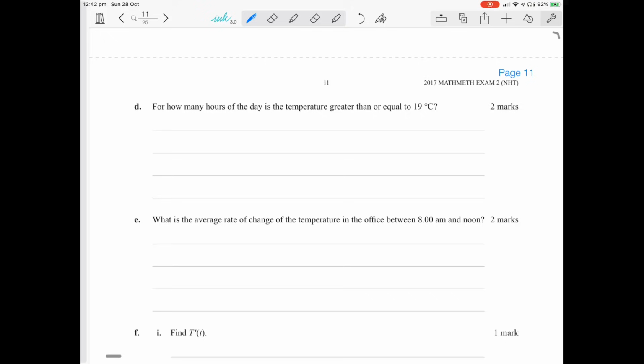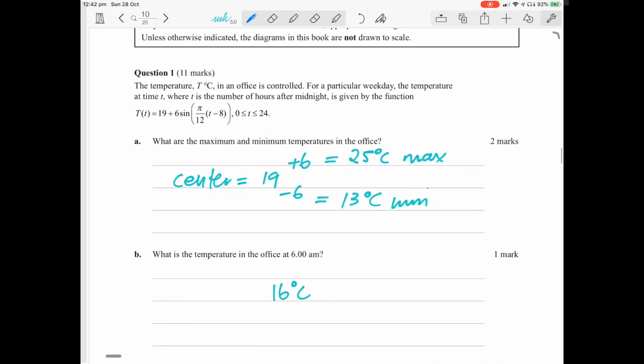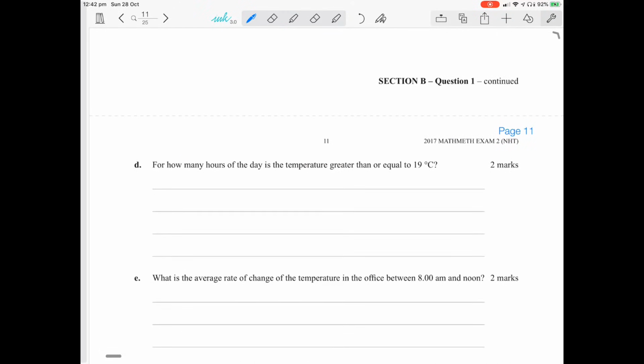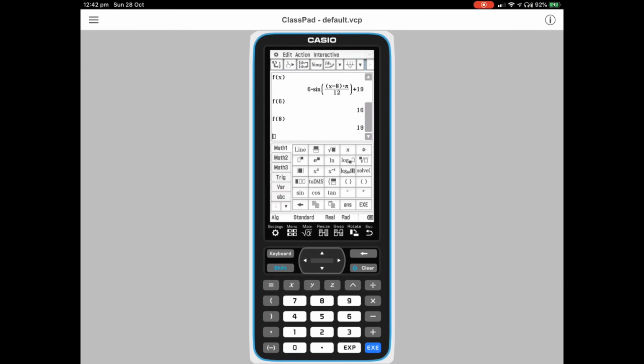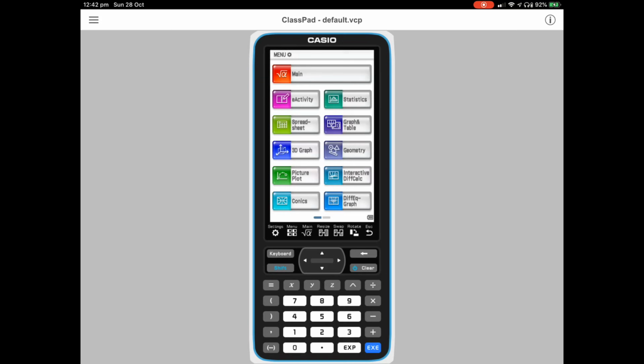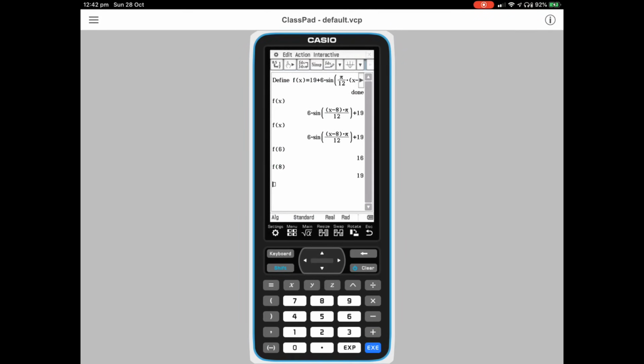For how many hours is the temperature greater than or equal to 19 degrees? So T of t is greater than or equal to 19 degrees. Therefore, actually we can just solve it. So solve f of x is equal to 19.